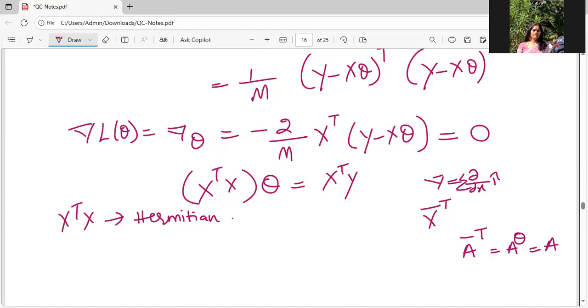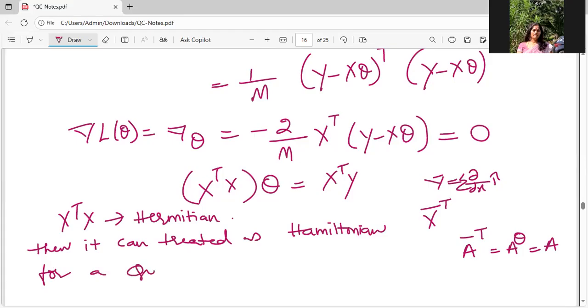That's why if X transpose X is Hermitian, then it can be treated as a Hamiltonian for a quantum system. Once I say it's a quantum system, then a matrix inversion problem can be solved using the HHL algorithm.